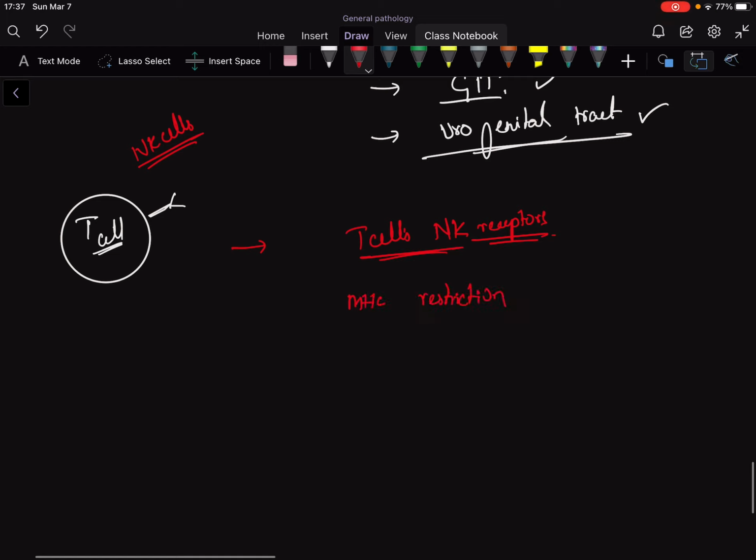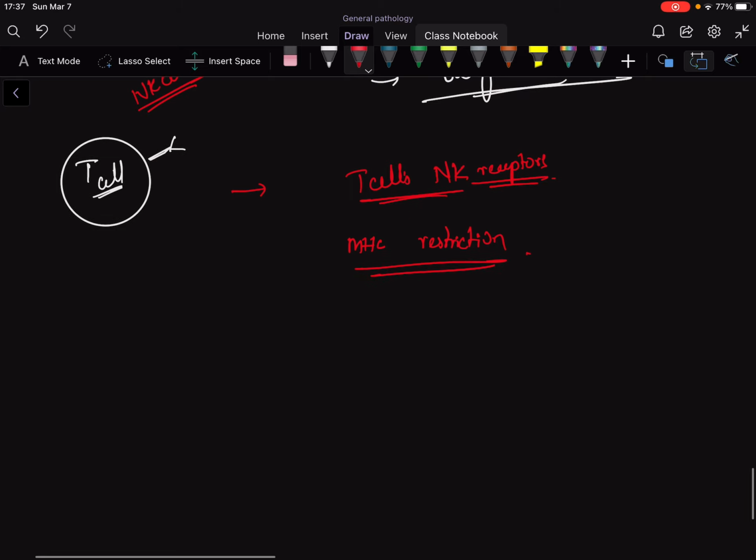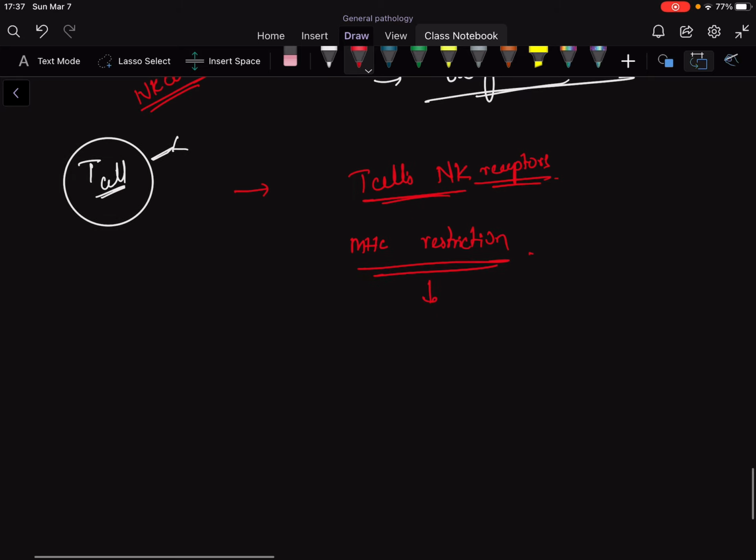These follow MHC restriction, but in this case, suppose this is the T cell with natural killer cell receptor.